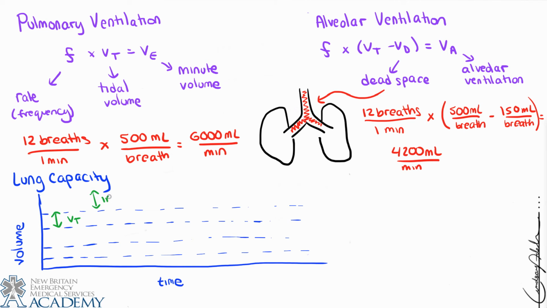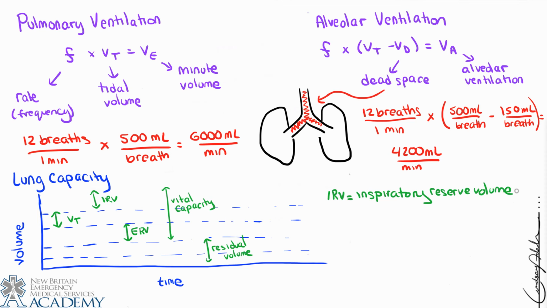So we know already that tidal volume is the amount of air that's exchanged during a normal ventilation. We said that's about 500 mLs. But it's important to consider some other values that may be of interest or may change in the presence of disease. So first, let's consider the inspiratory reserve volume. The inspiratory reserve volume refers to air that is inhaled above and beyond a normal inhalation.